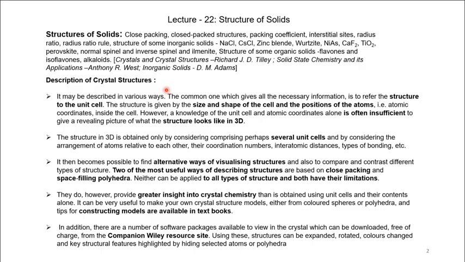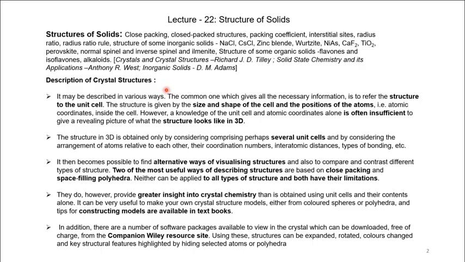So this is a tiny, tiny unit cell, and one cannot sufficiently reveal the structure if we only take the 3-dimensional unit cell. Therefore, we take several unit cells and consider their arrangement relative to each other and find the coordination number, interatomic distance, types of bonding, etc.